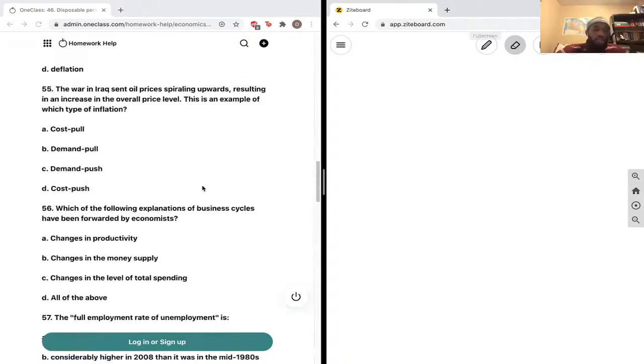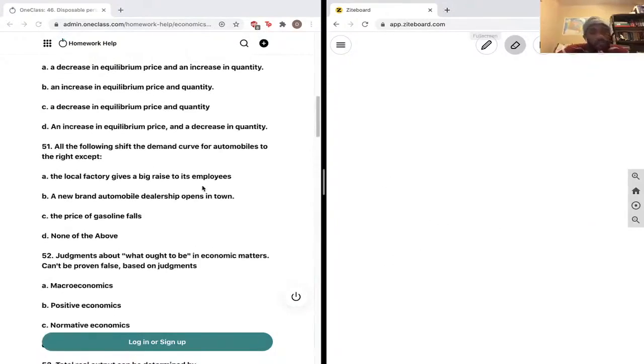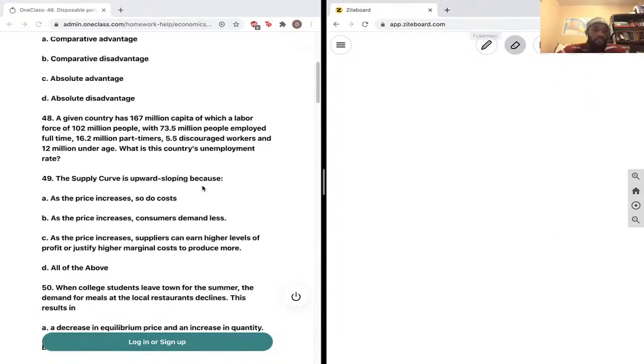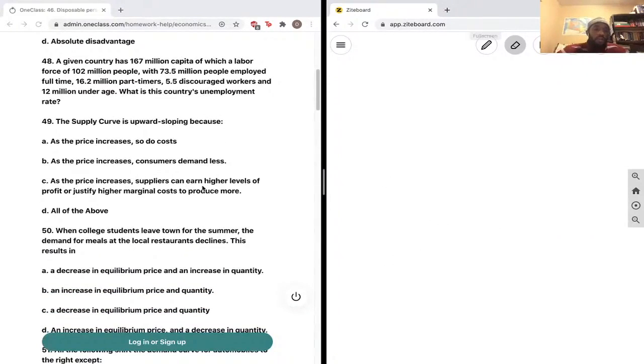So next question should be 48, I believe. The supply curve is upward sloping because A, as price increases, so do costs. B, as price increases, the consumer demands less.